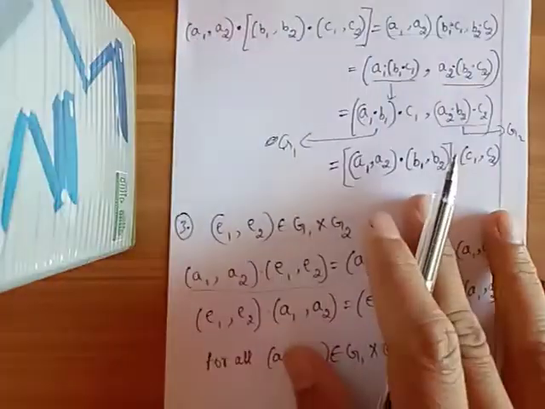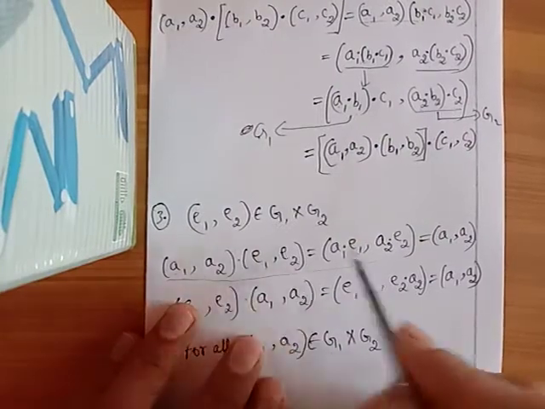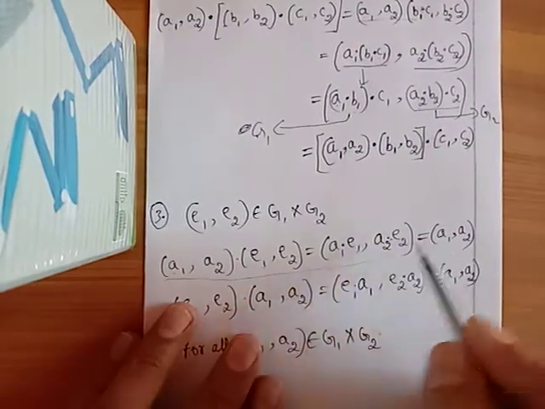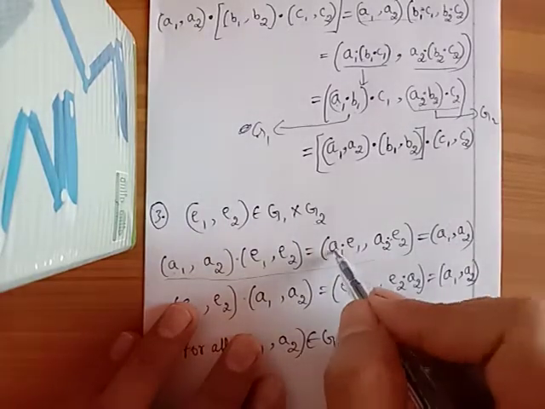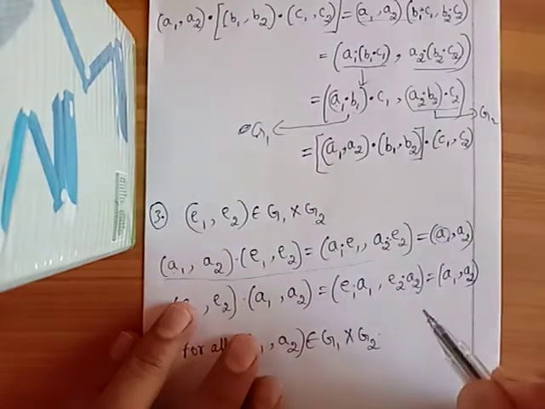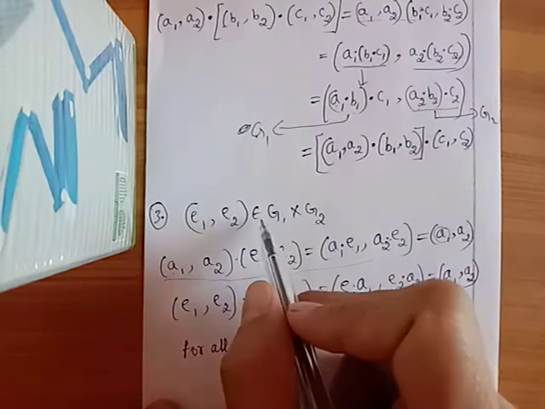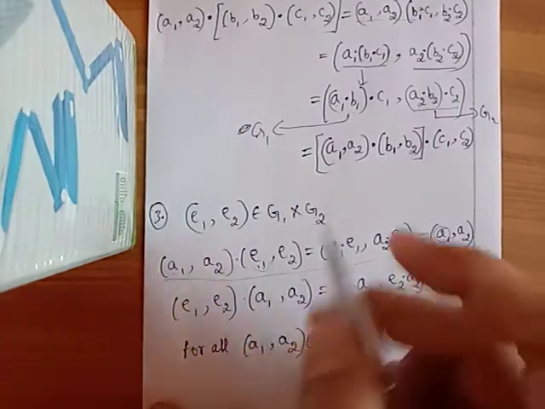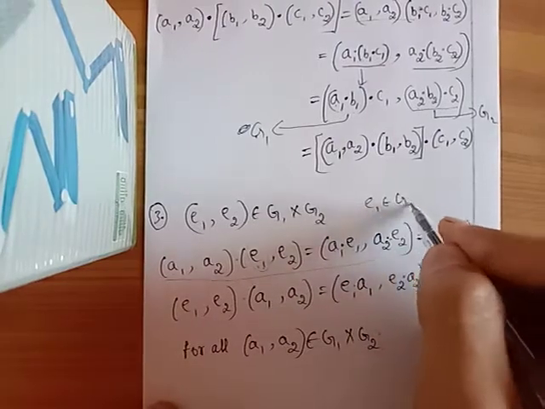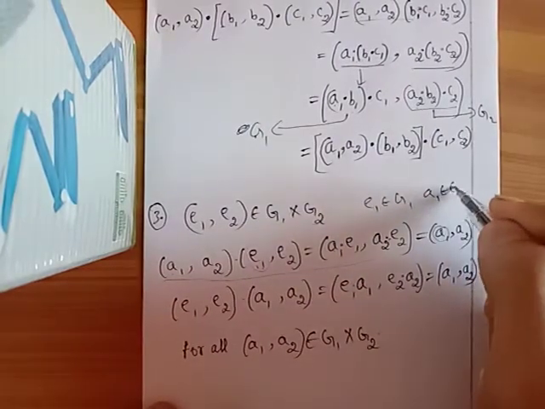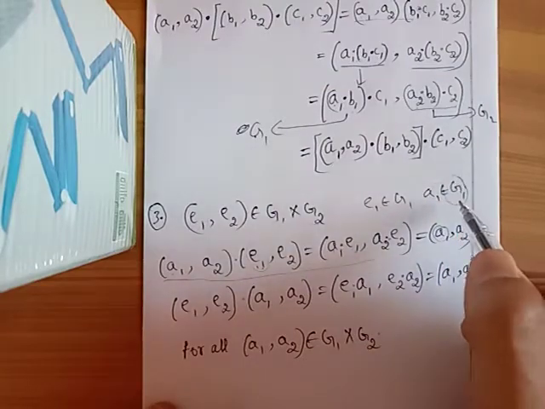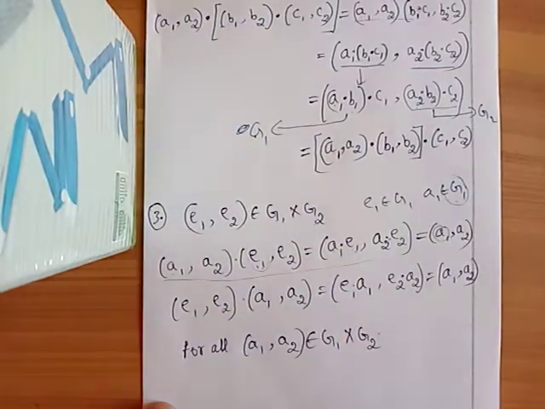So here we get (A1 into E1, A2 into E2). A1 into E1 is equal to A1, because E1 is the identity element in G1 and A1 belongs to G1, so the identity property holds in G1 because G1 is a group.